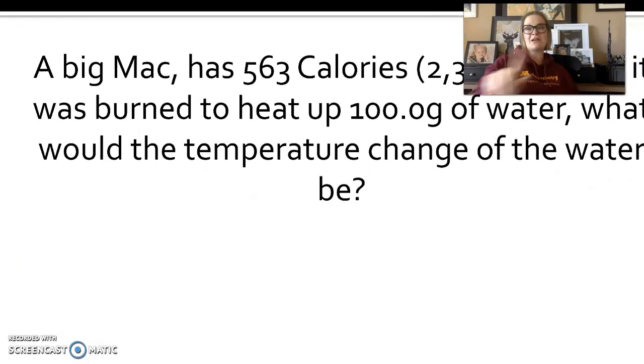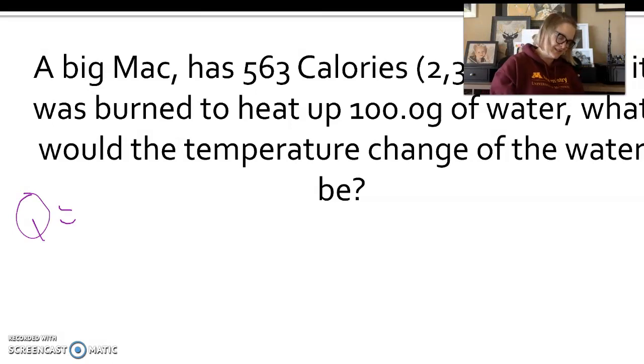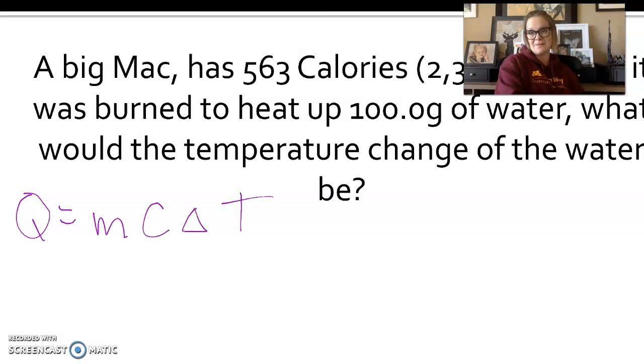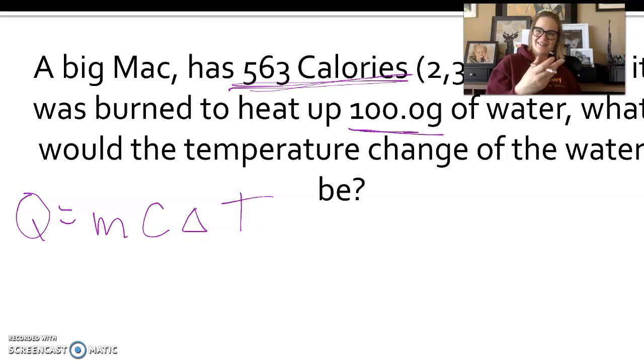So let's say you had a Big Mac. Here's our equation, Q, or energy, equals mass times C times delta T. If I bought a Big Mac, which is about this many calories, that has that much energy in it, and I lit it on fire, and I used it to heat up 100 grams of water.